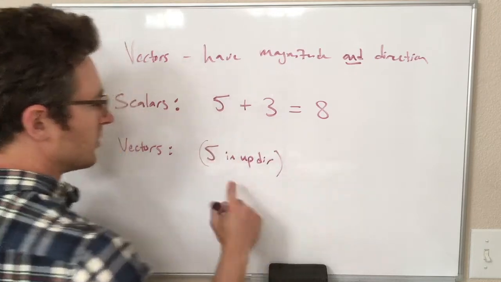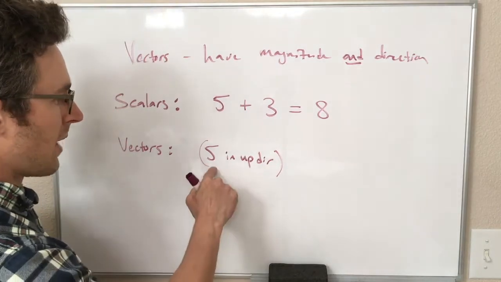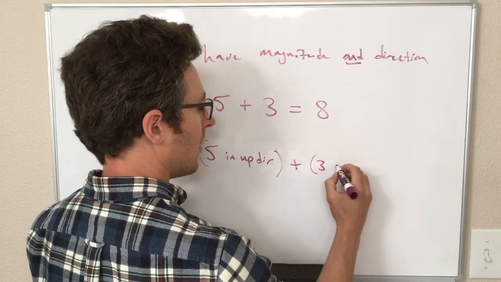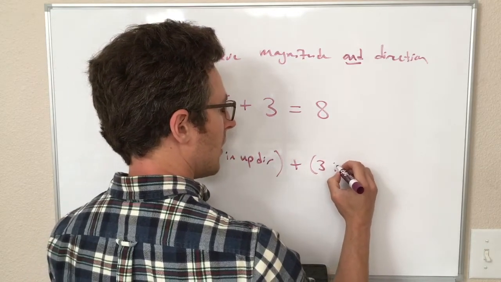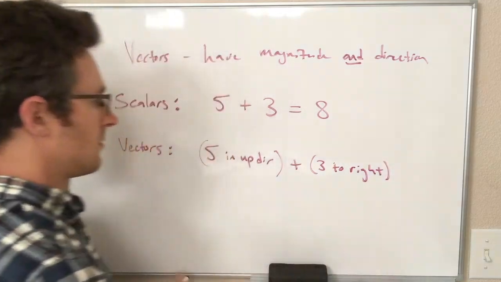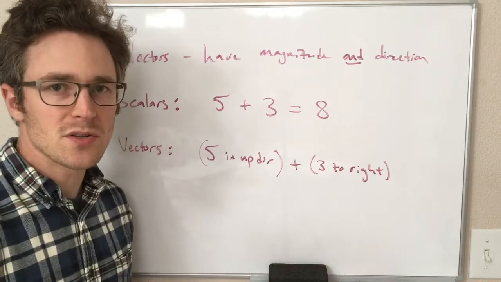This is not the notation we'll use. I'm just saying 5 in the up direction is a vector, right? A magnitude and a direction, plus 3 to the right, or something like that. So our two vectors are in different directions.